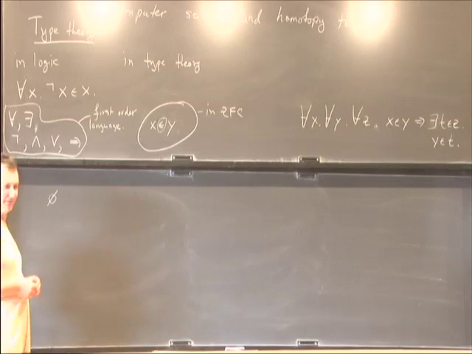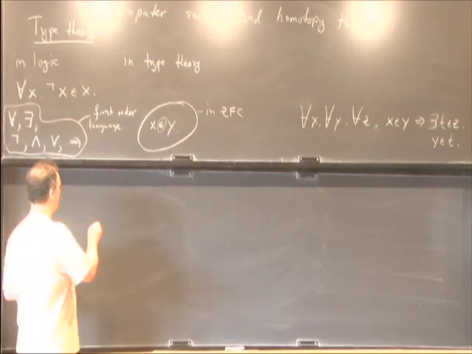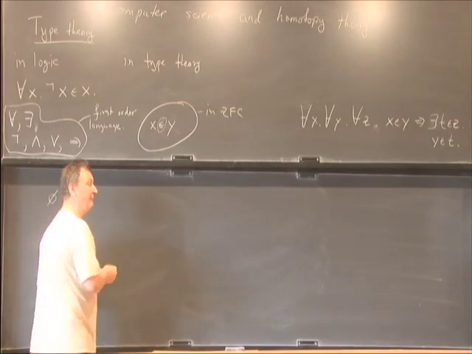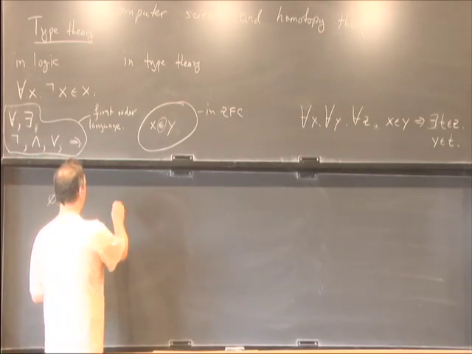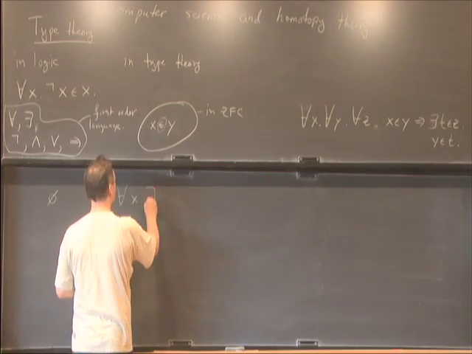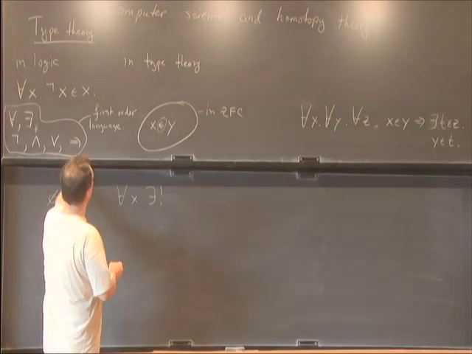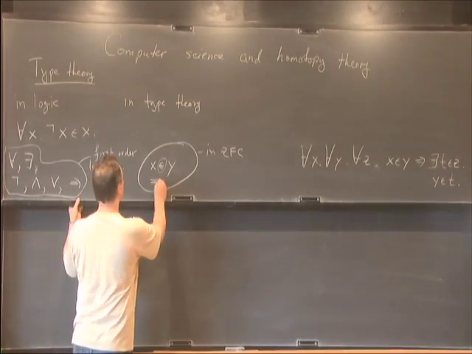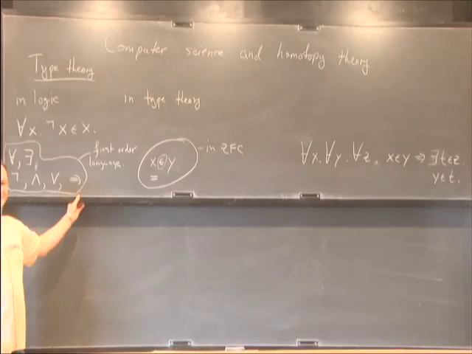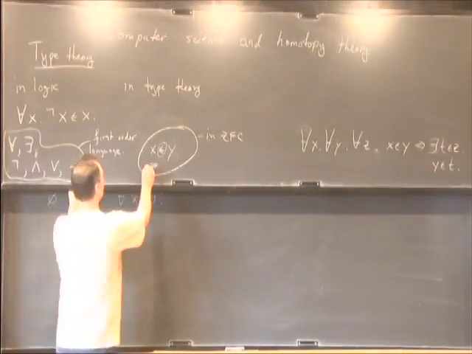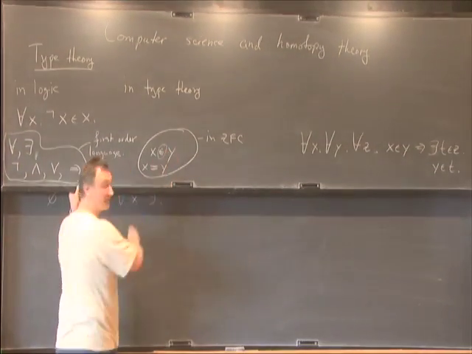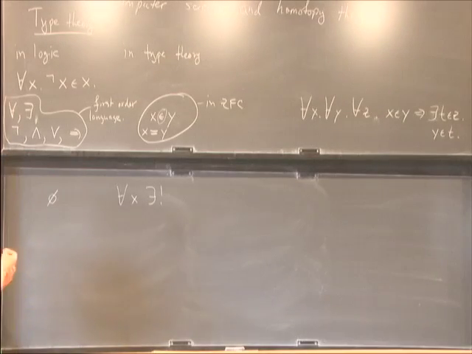Because as we know, the way in Zermelo-Fraenkel one approaches things is one starts with the empty set. Then there is an axiom which says that for all x there exists a unique, oh yeah, I forgot. There is also equality, which is very important. So there is equality and this sign for belongs.